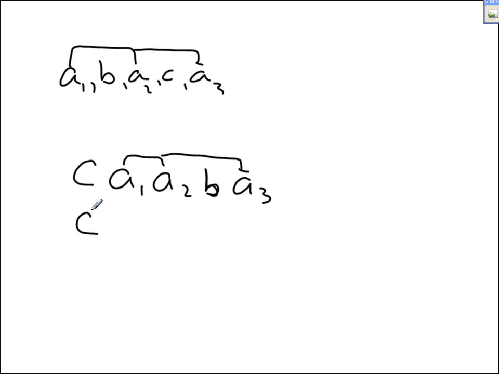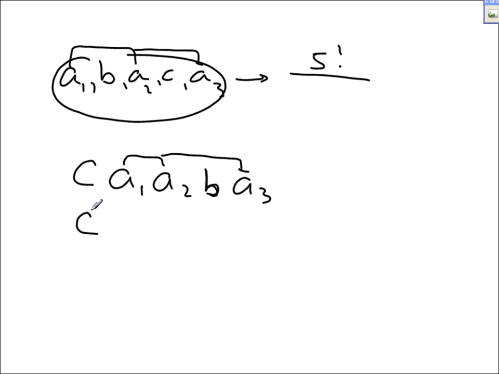And we can't count each one 6 times. The question is, how many distinct 5-letter words can we write? And the answer is going to be, there are 5 letters, so it's 5 factorial. One of the letters comes up 3 times.